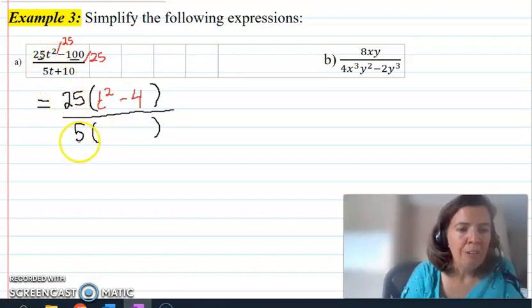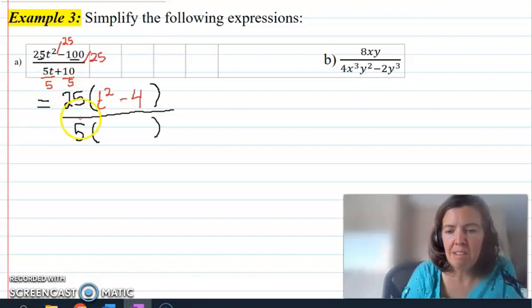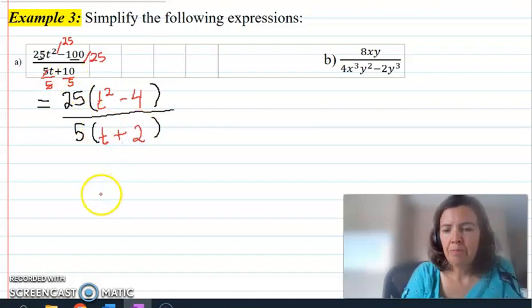Similar thing in the denominator, if I factor out 5, then to figure out what's remaining, I can divide both pieces by 5. So here the 5's cancel, so I'll have just t plus 10 divided by 5, that's 2.